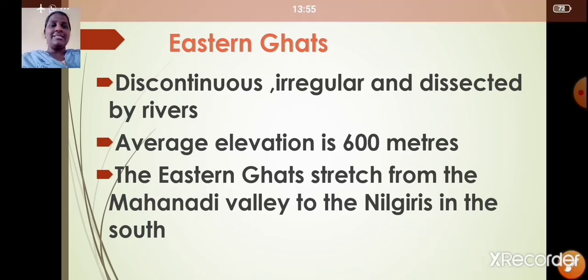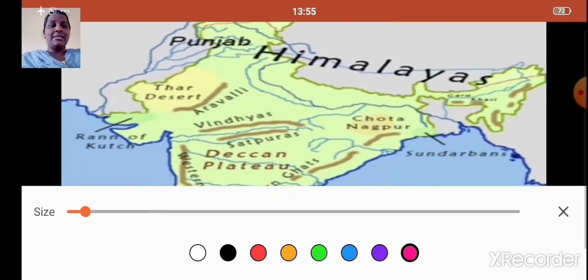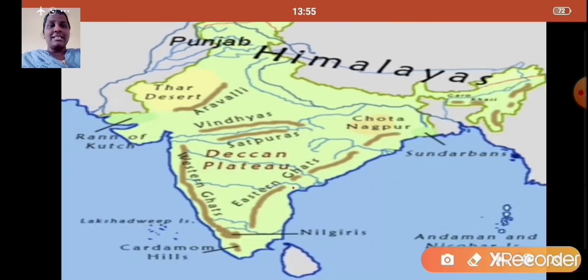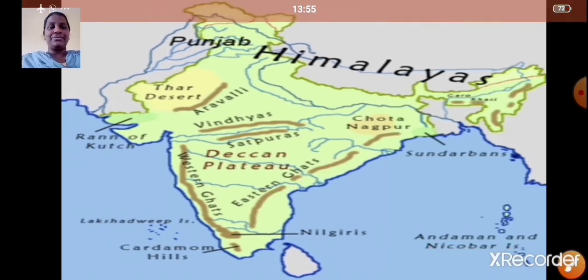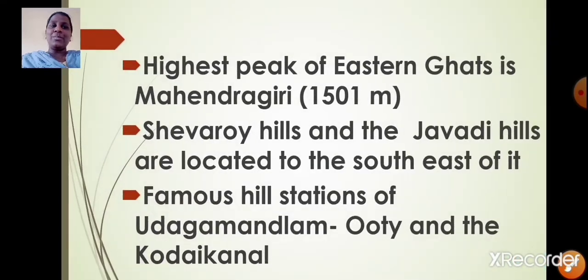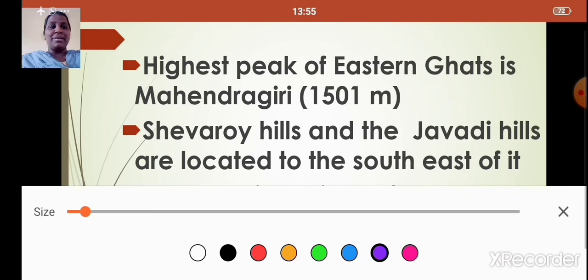Now let us have a look at this map. Here you can see the Eastern Ghats, right? They are not continuous. Isn't it, students? They are dissected by the rivers. Highest peak of Eastern Ghats is Mahendragiri. You need to remember this.